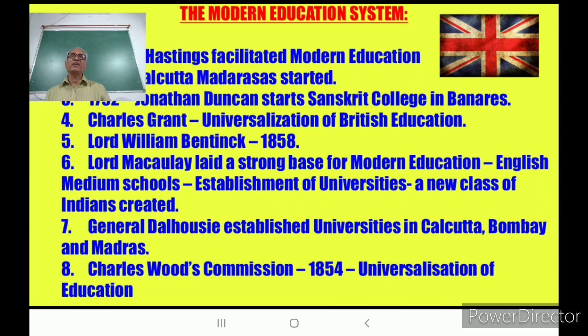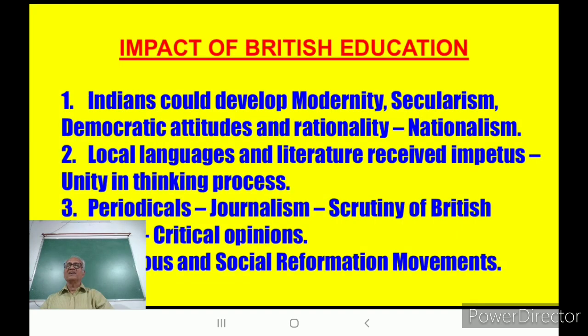Let people be given the required minimum education, Charles Wood's Commission said. Now, the modern education system that had got established by this time had an impact on the Indian masses.